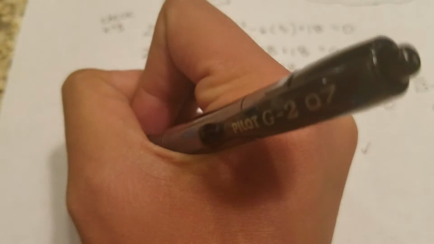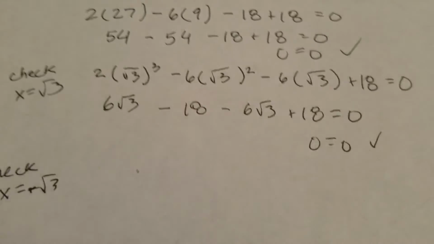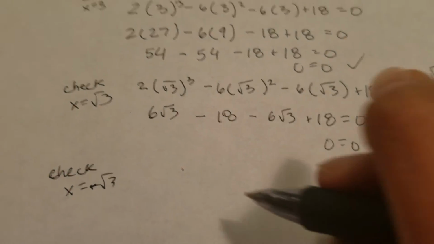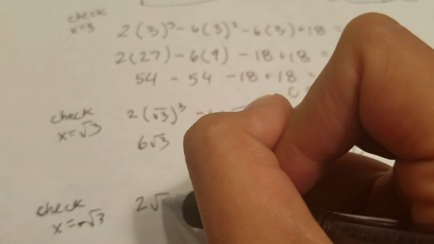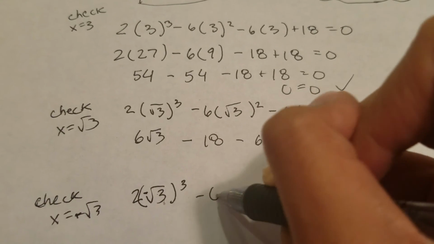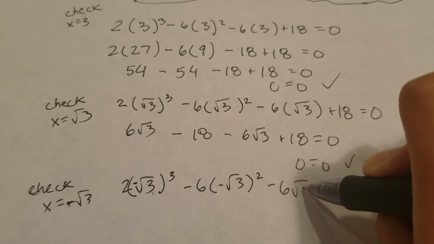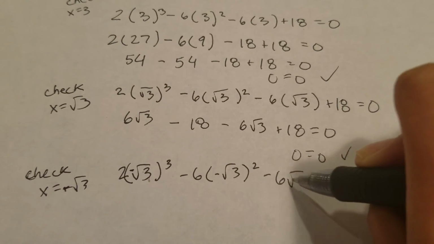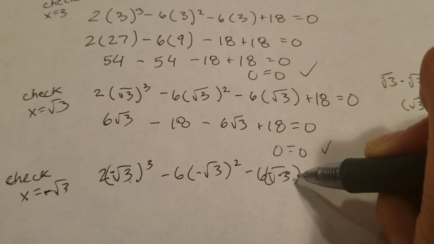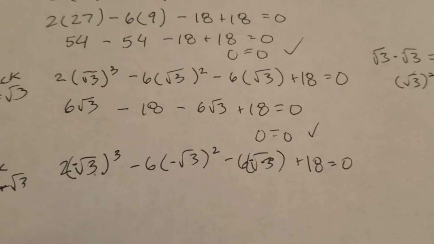X equals negative root 3. Alright, so let's set it up again. 2 times negative root 3 to the third minus 6 times negative root 3 squared minus 6 times negative root 3 plus 18 equals 0.